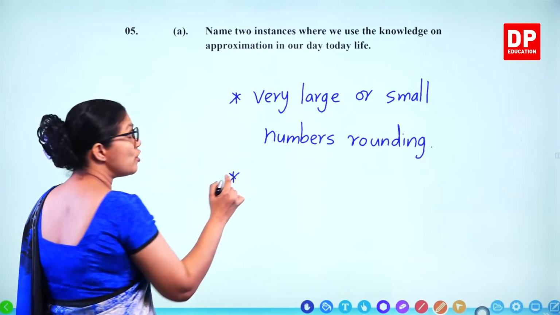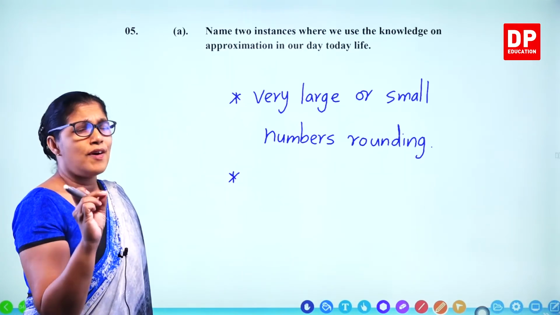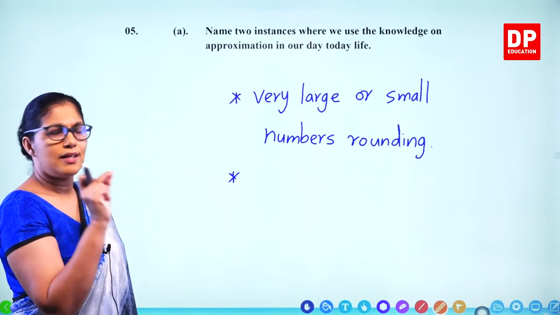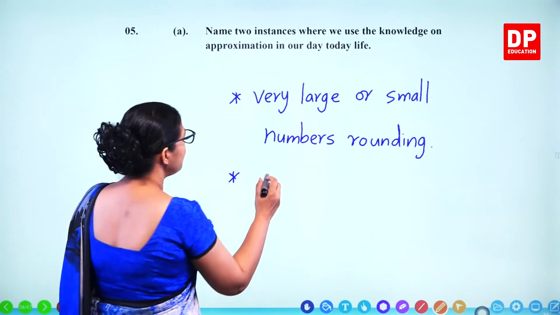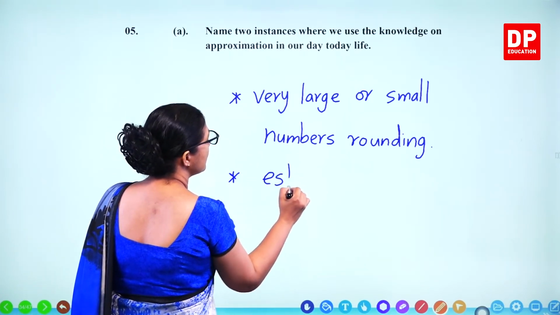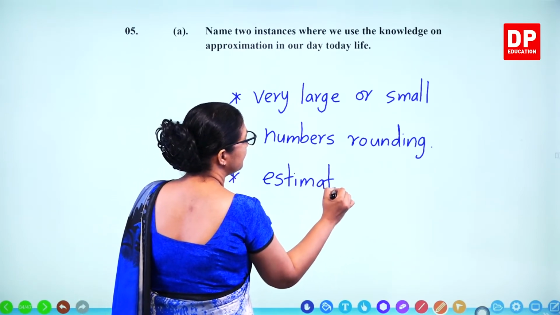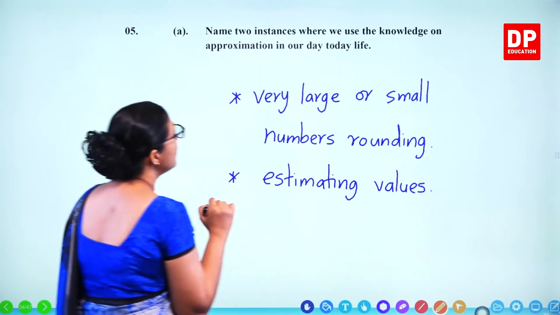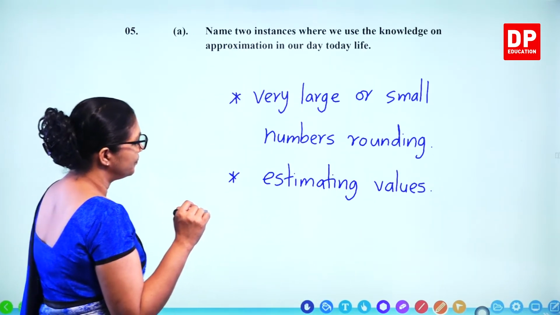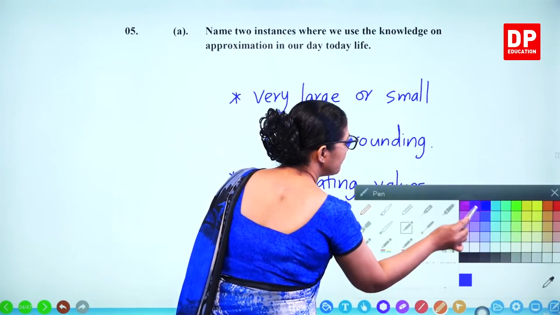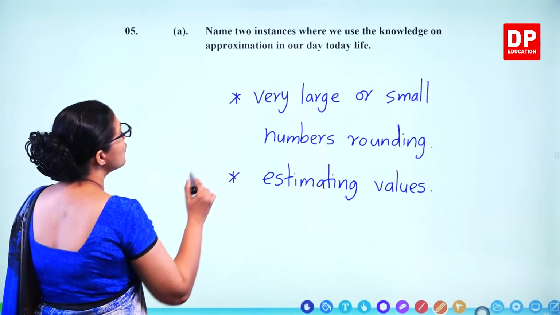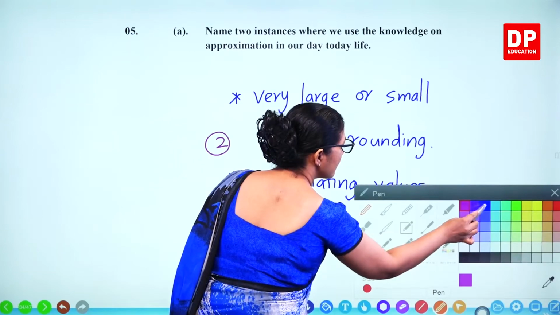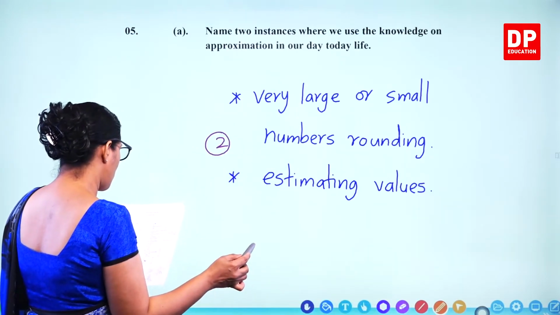And sometimes when you want to do a calculation, first you estimate a rough value. For that you need rounding. So you can say for estimating values, you need approximation. So, 2 marks you are getting for that.